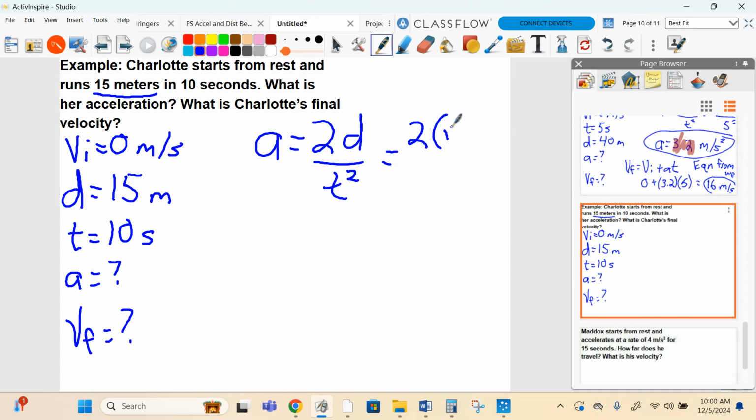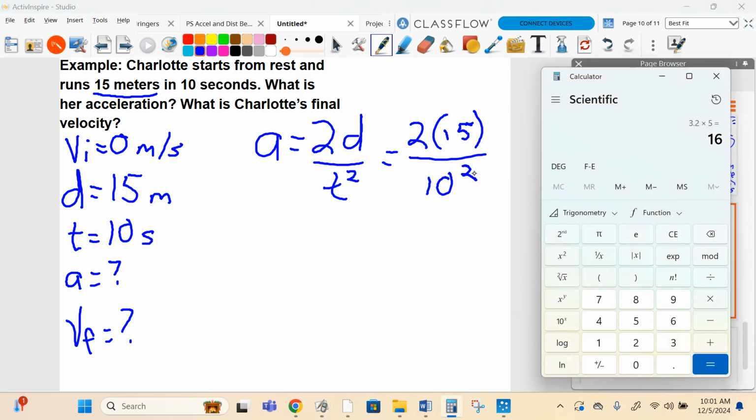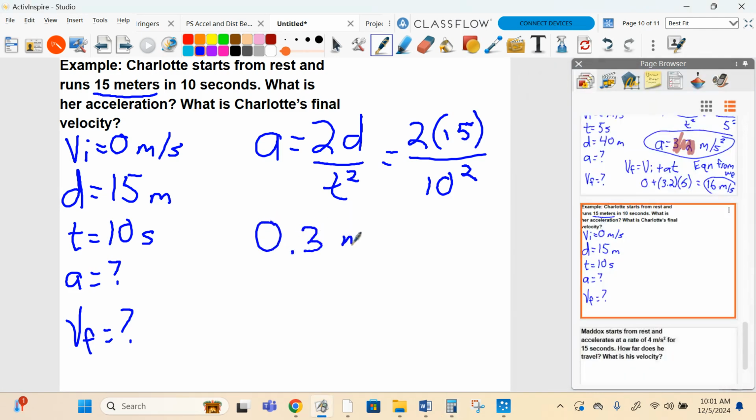It went 15. Divided by, what was my time? 10 squared. 2 times 15 divided by 10 squared equals 0.3 meters per second squared.